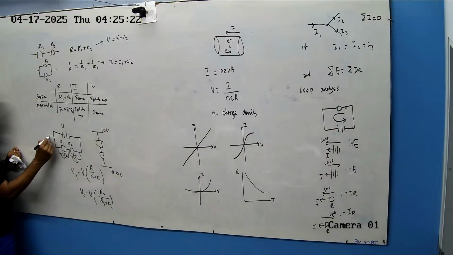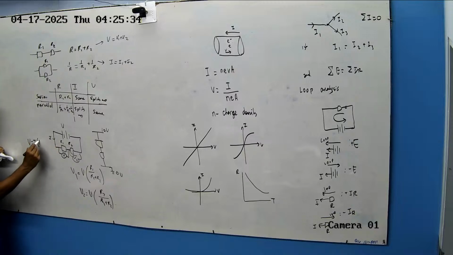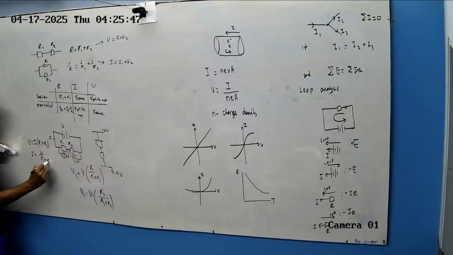If you have I here, you've got to remember that the total voltage V is equal to the current in the circuit times the total resistance. That means I is equal to V over R1 plus R2.